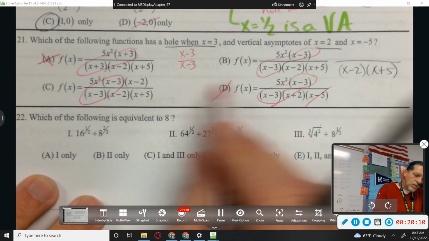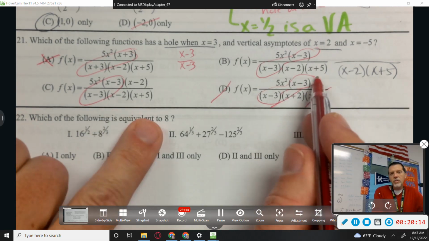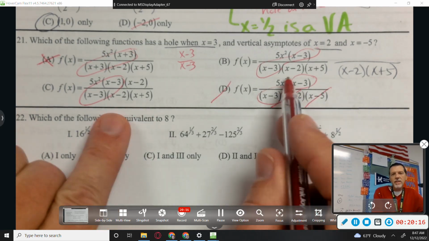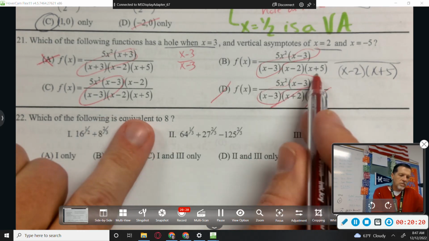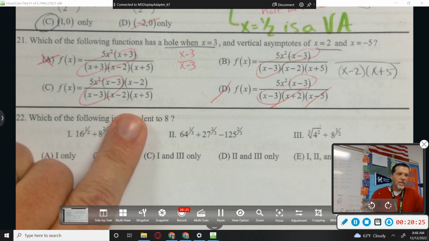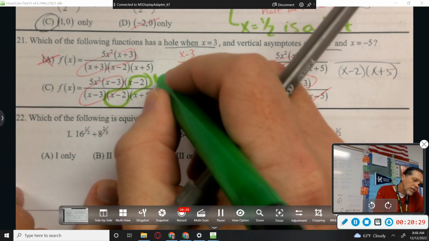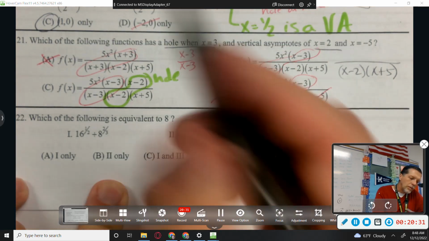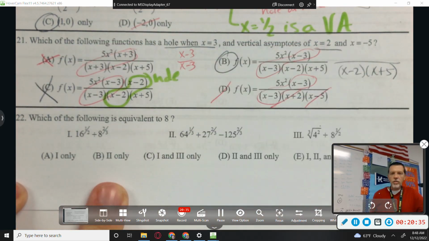Uh-oh, B and C both have x minus 2 and x plus 5 in the bottom. So what's going on here? C has a hole there because there's an x minus 2 in the top. So that's a hole. We didn't want a hole. We wanted it to be a vertical asymptote. So the answer is B.